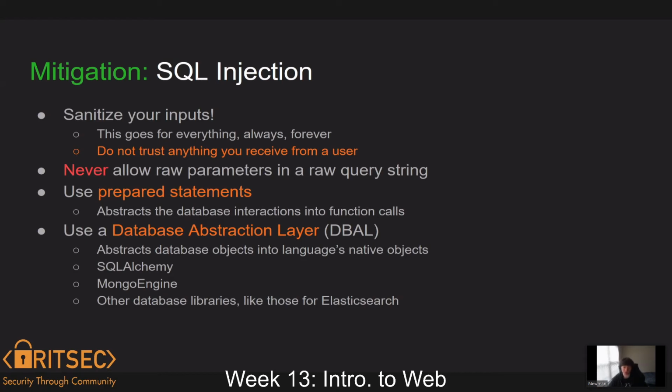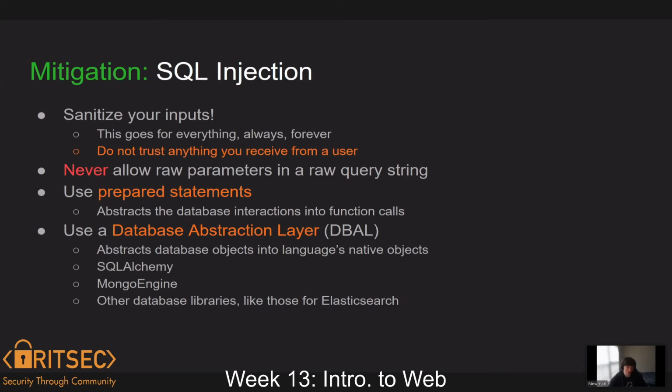Another way of doing it, which I actually recommend, is using some kind of abstraction layer or some kind of library. Instead of just making a connection directly to the database and sending string queries, most databases provide some kind of library in the language that you want to use. If you're in Python and you're doing SQL, SQL Alchemy is a good choice.